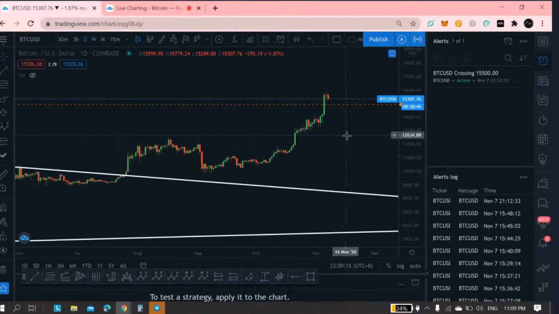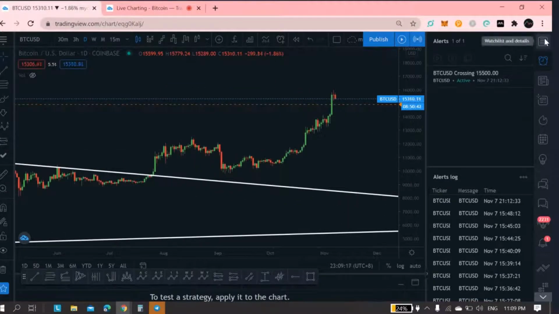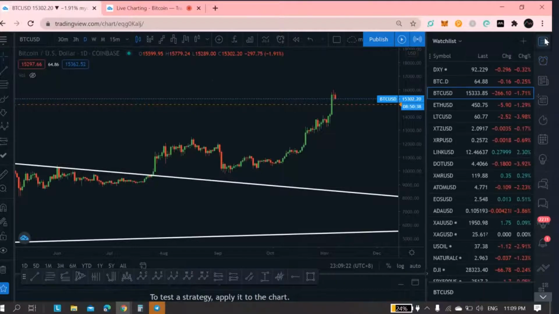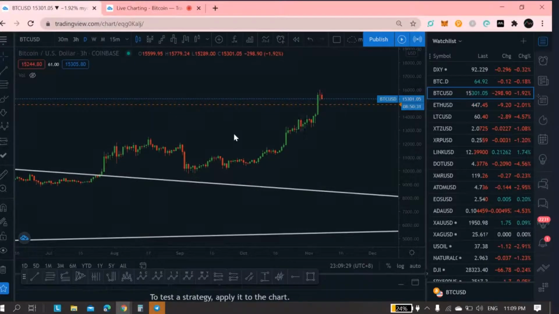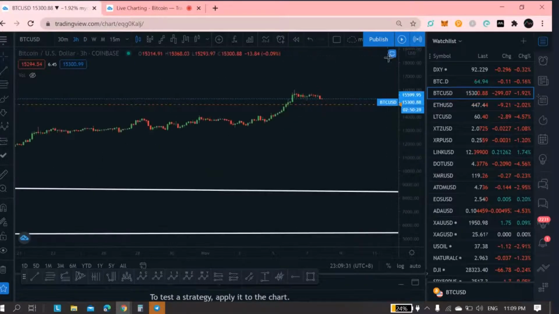Currently, I have no open position in BTC. So let's see. I'm looking at the BTC again.